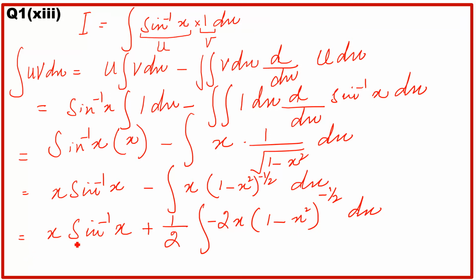Now, this will remain the same, and we have the derivative here, so we will apply the power rule: plus 1 divided by the new power. We will do it on the next page.